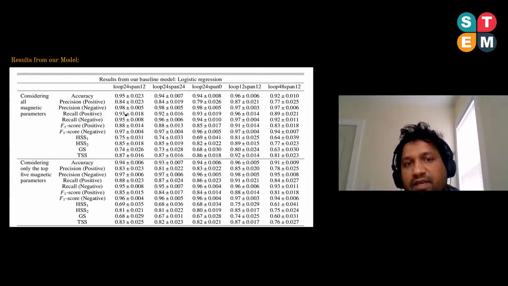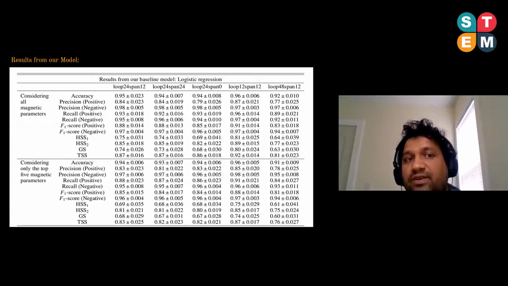And what we find is that when we use the time evolution, we are able to get very good True Skill Statistic, which is of the order of 0.87 almost. Obviously, when we want to predict 12 hours before, we got a very good 0.92, but also 48 hours before, we get very good results. So the method of training the computer is good.